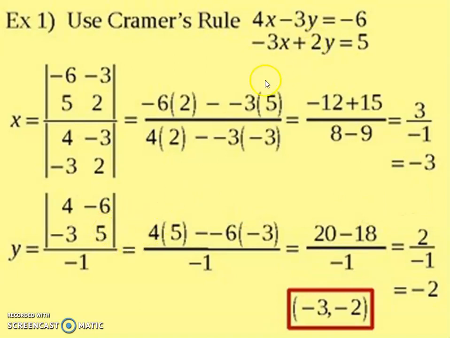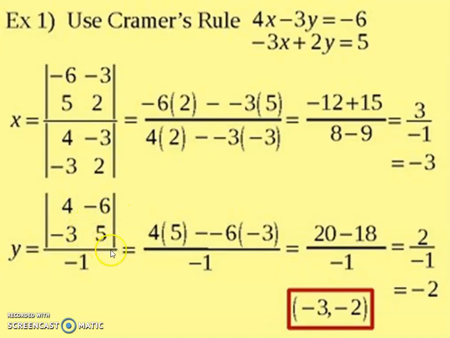Same trick follows for y is equal to dy by d. D is constant, so I put its value directly, minus 1. And what is dy? Instead of the y column we put minus 6 and 5, so I write minus 6 and 5 and 4 and minus 3 remain the same.